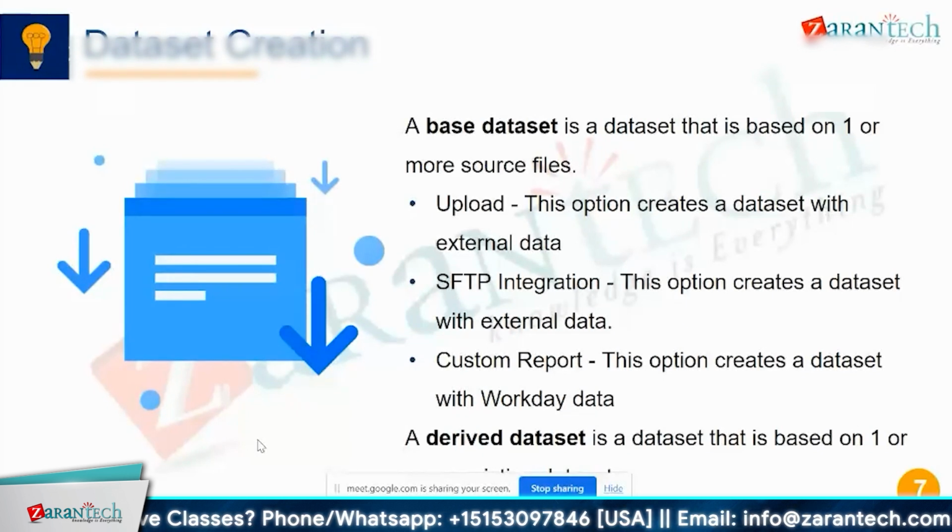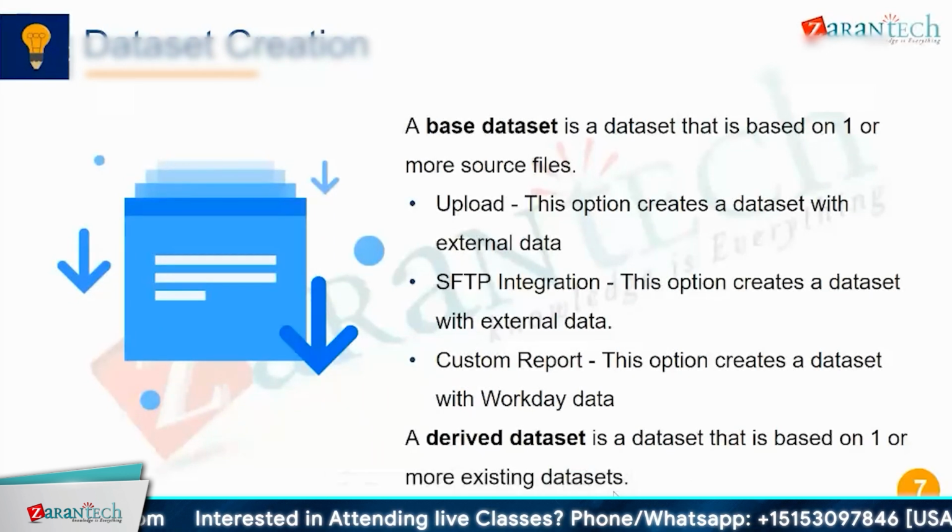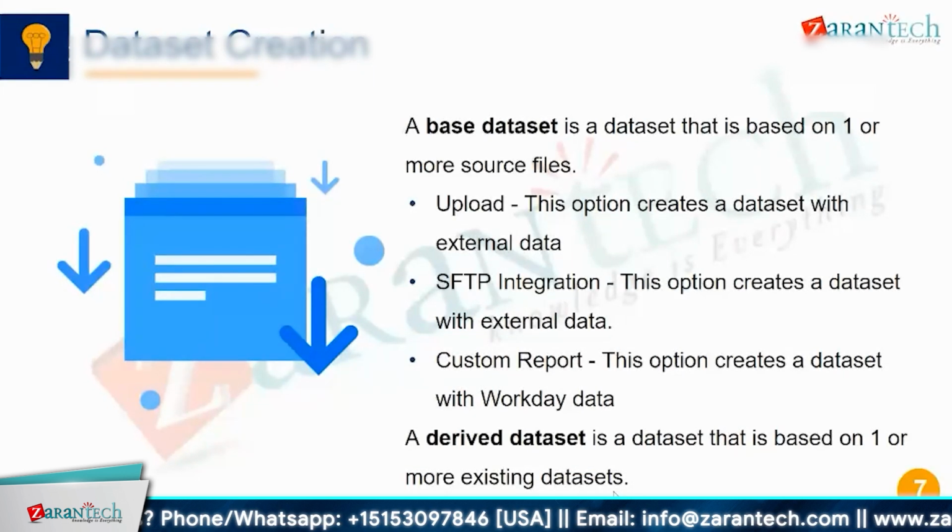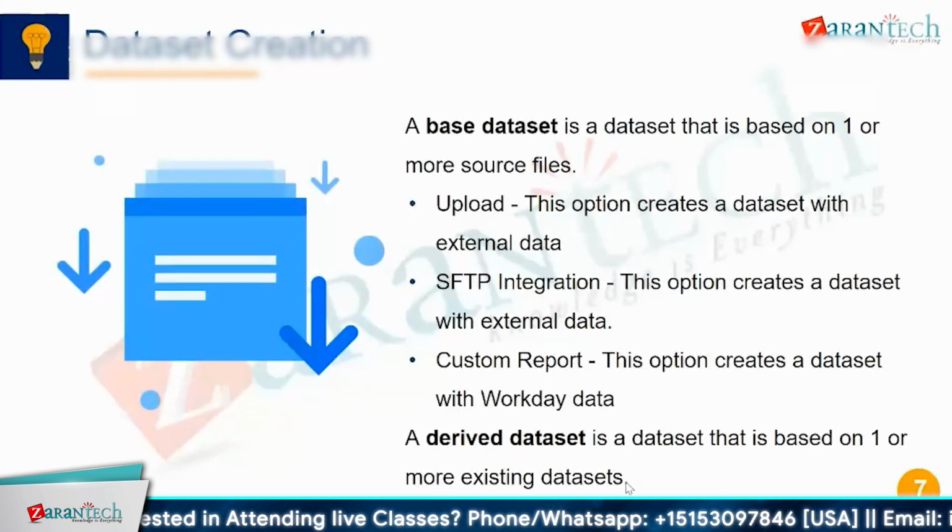So we have multiple derived data sets with different manipulation or different blending in all other regions. That is what we do in a derived data set, which we can also label as DDS. If you see the definition, a derived data set is a data set that is based on one or more existing data sets.